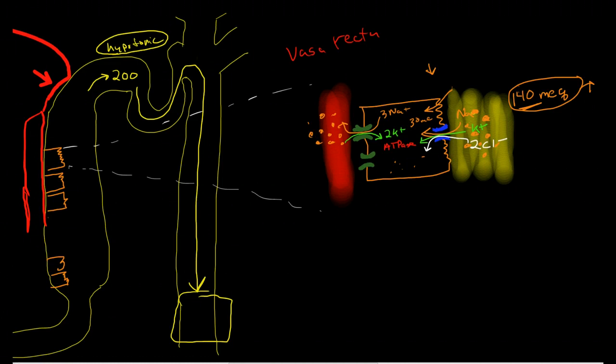So the net effect is we are removing sodium from the tubule. You've got lots of sodium in the tubule here, and we are adding sodium to the vasa recta, right?